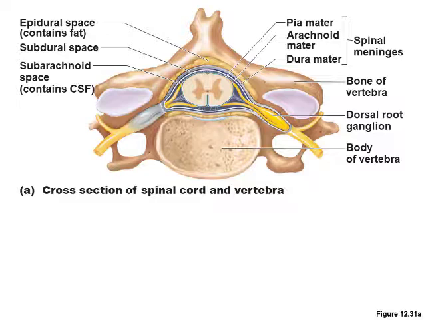This one is only present around the spinal cord, not around the brain. Remember when we talked about the structures that protect your brain, there was no fat. But around the spinal cord, in the epidural space, that means outside of the dura mater, you have fat. That's called the epidural fat.